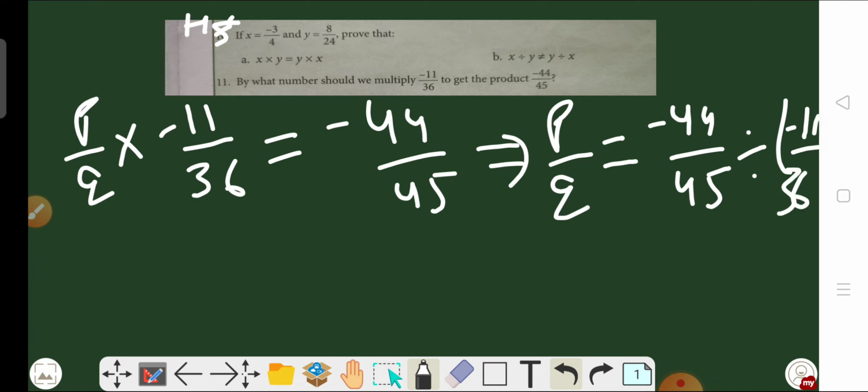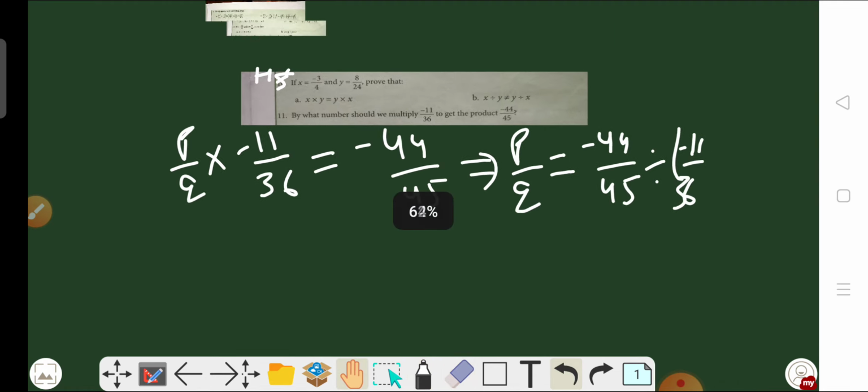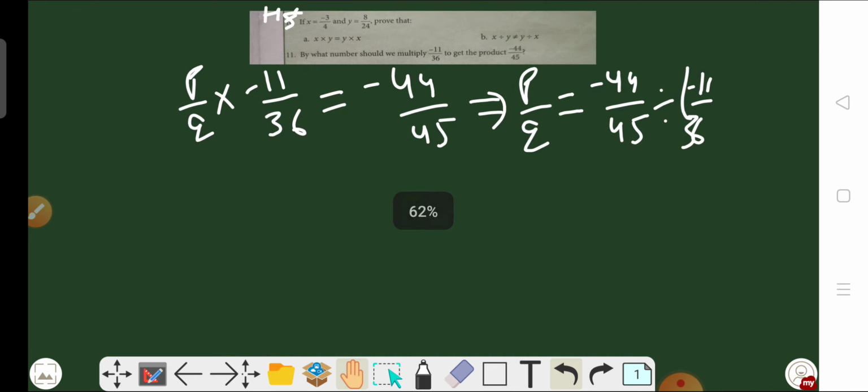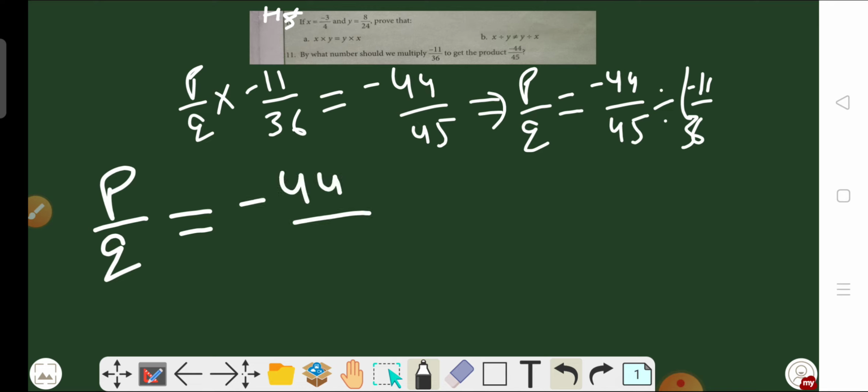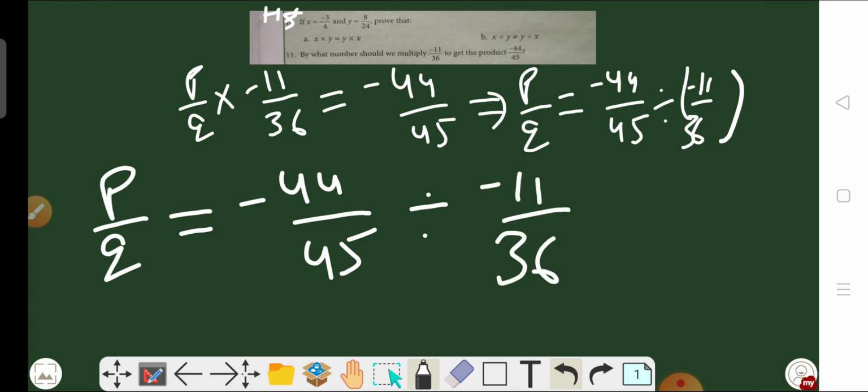Okay, and we know that in case of rational numbers, division becomes multiplication and the second rational number will become its reciprocal.